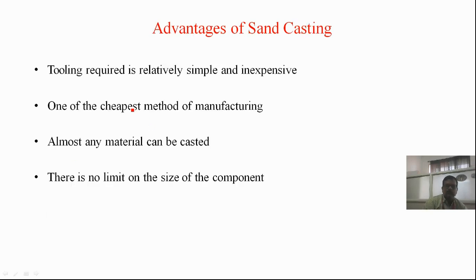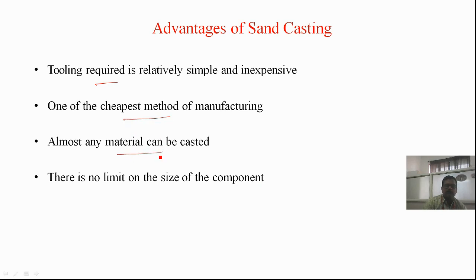The advantages of sand casting: this is the first method of casting, and the tooling required is relatively inexpensive and very simple. So this is very cheap, because the tools required are very simple. Therefore the total cost of production is also very economical.